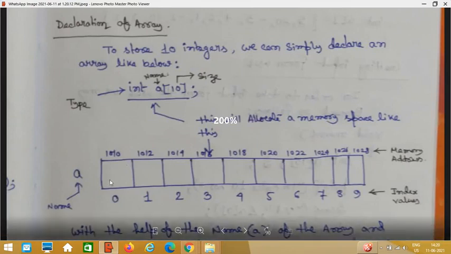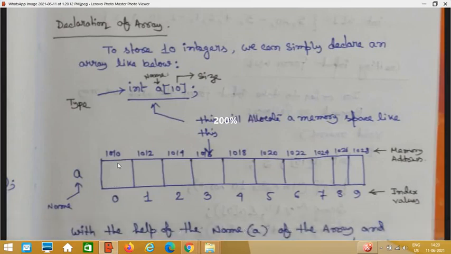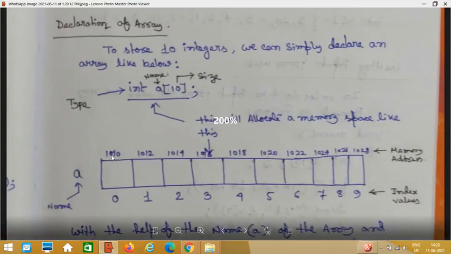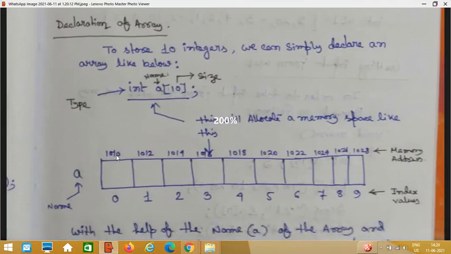Exactly. Here, each and every block is of integer type, and as we know, an integer type block contains 2 bytes of memory. So this 1010 is the address of the first byte, and 1011 obviously will be the address of the second byte.